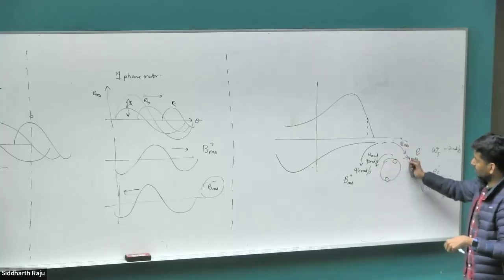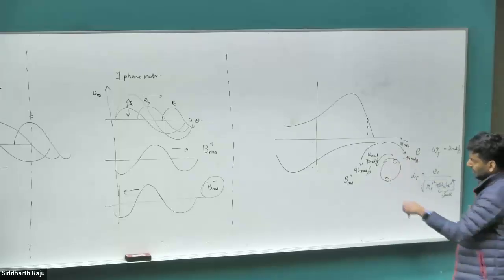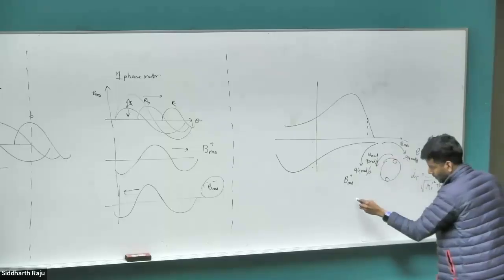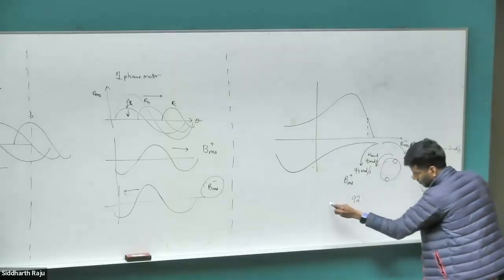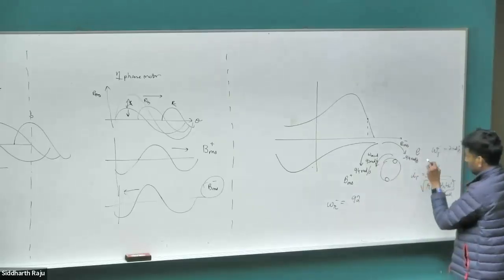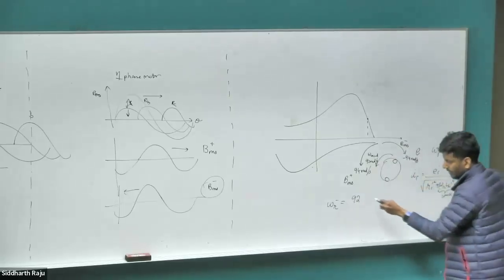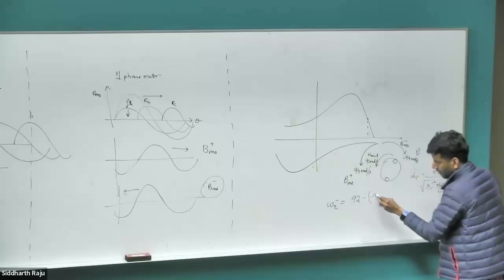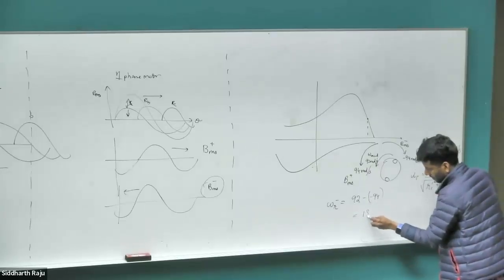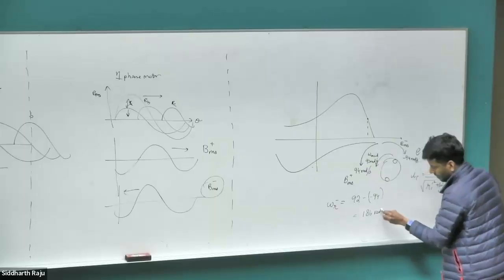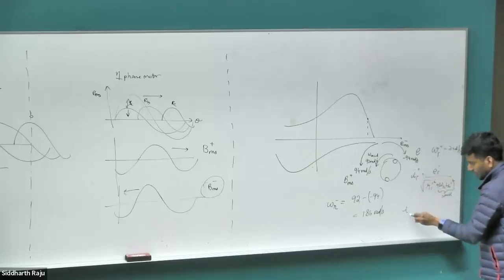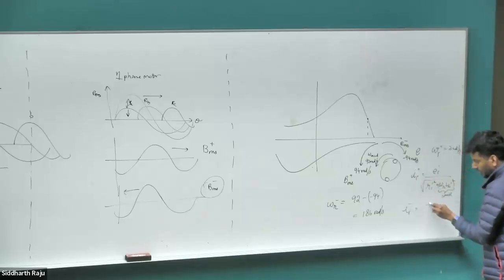So the net difference in the frequency seen from here to here, in this case it was 94 minus 92, but in this case it's 92 minus of minus 94. So the rotor frequency in the second case, so this is for the positive rotating component, is 92 minus of minus 94. That comes out to 186 radians per second.